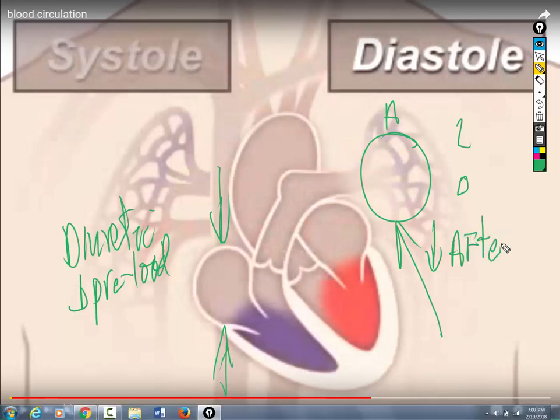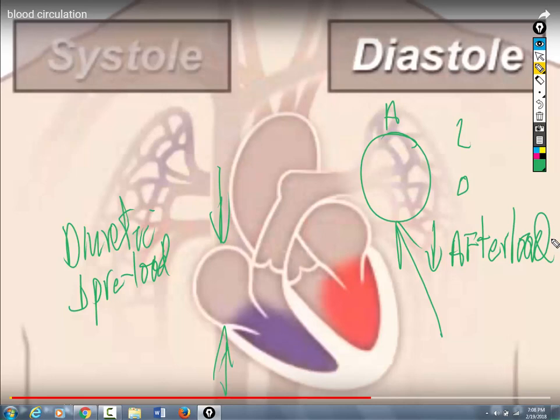I'm defining afterload: afterload is our systemic arterial resistance. So if you make the arteries bigger, there's less resistance, so you're reducing afterload. So you want to reduce afterload in CHF, and you want to reduce preload in CHF.